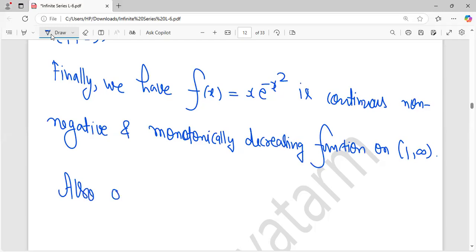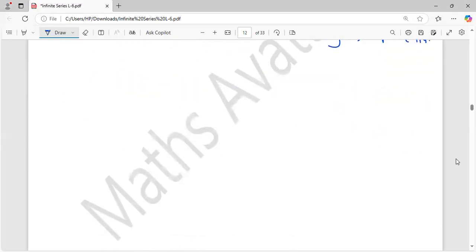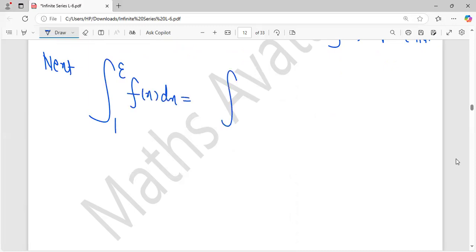Also observe that a_n is equal to n e to the power minus n square, that is nothing but f(n) for all n belongs to N. Okay. So now calculate the integral. What is this integral from 1 to epsilon of f(x)? This is the integral from 1 to epsilon of x e to the power minus x square dx.